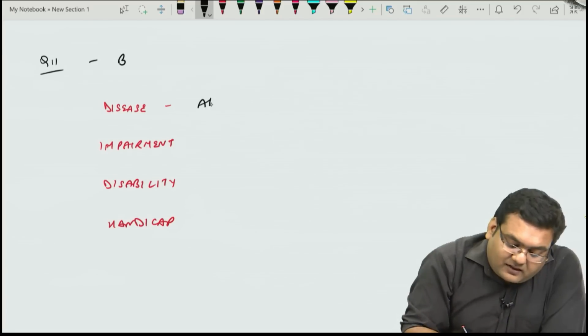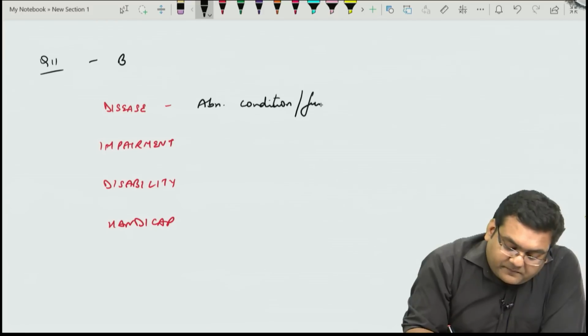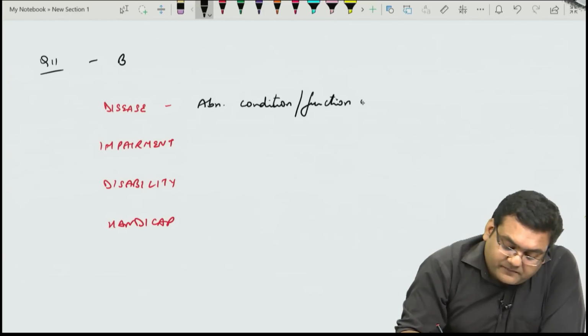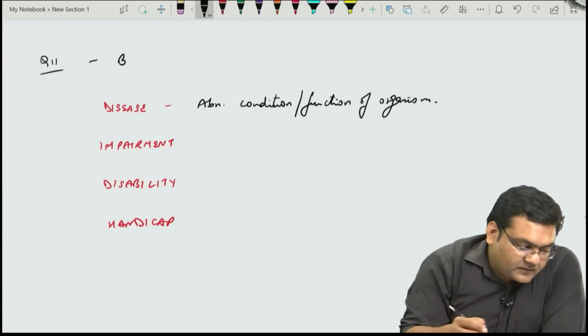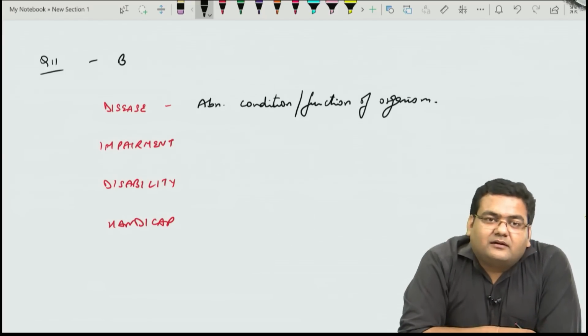It is defined as an abnormal condition or function of an organism that impairs its function.